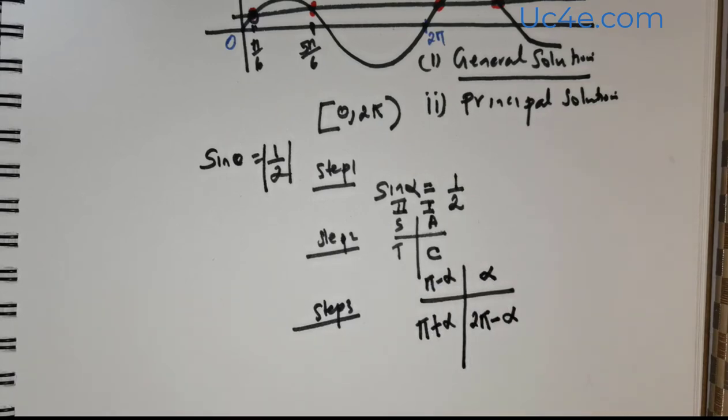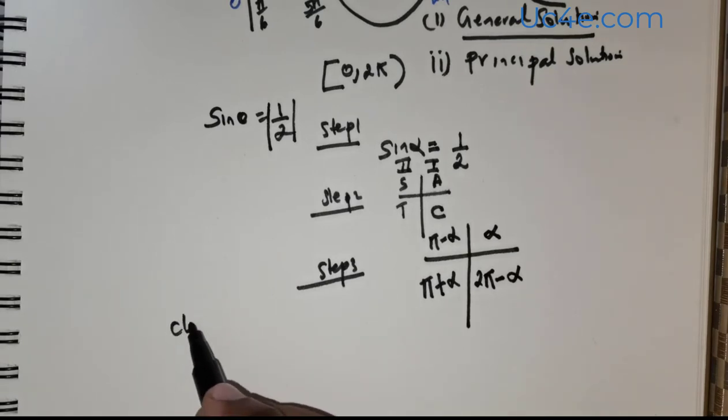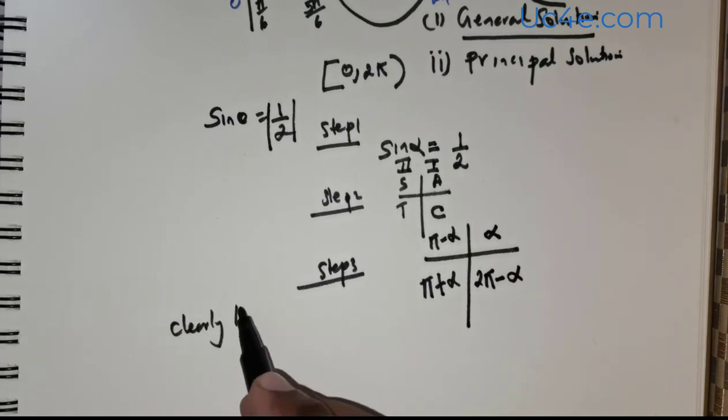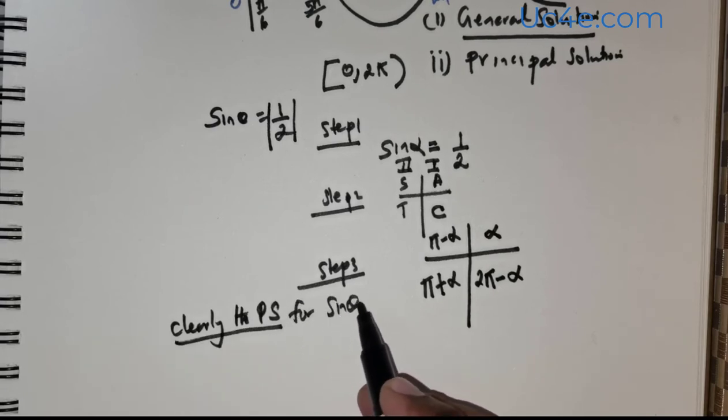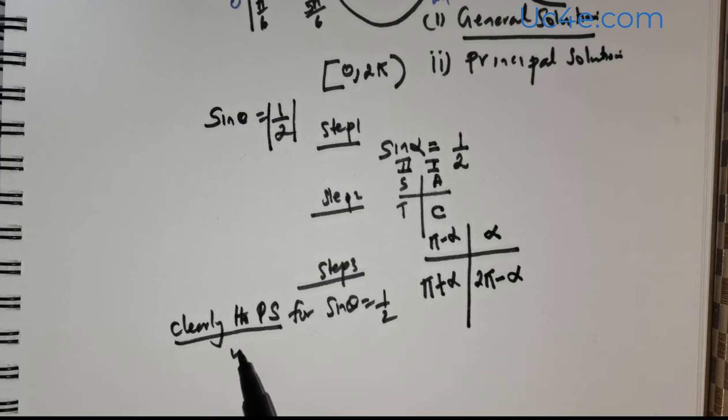So if I were to write the solution, clearly the principal solution for sine theta is equal to 1 over 2 is alpha and pi minus alpha. But clearly we know that alpha is equal to pi over 6, because sine 30 is equal to 1 over 2.